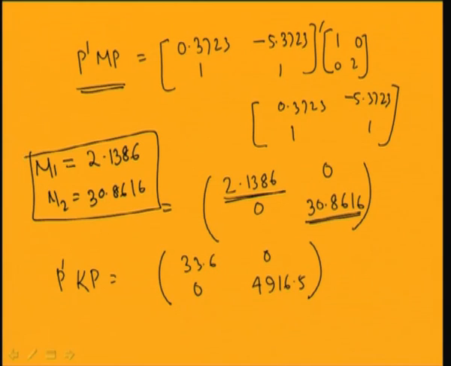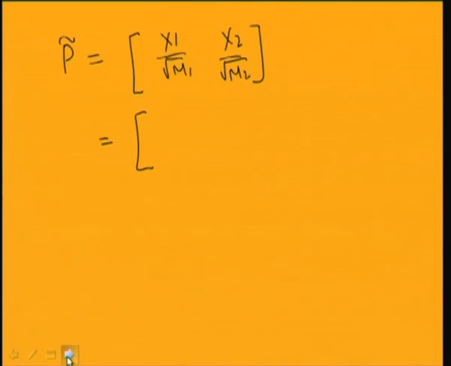So, to find this weighted modal matrix, the first column of the modal matrix is divided by root over m1 and the second column is divided by root over m2. By doing that division, one can obtain the weighted modal matrix P equal to 0.2546, 0.6838, minus 0.9671, 0.18.